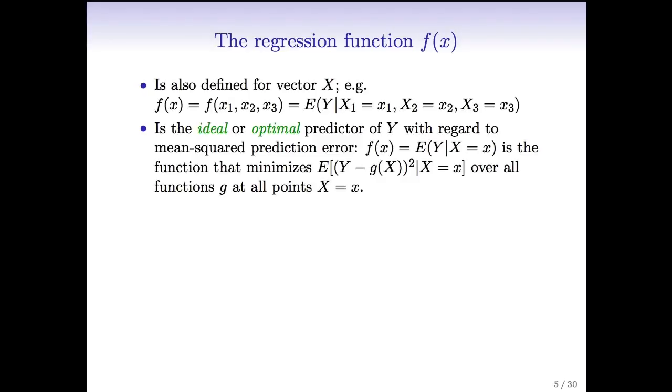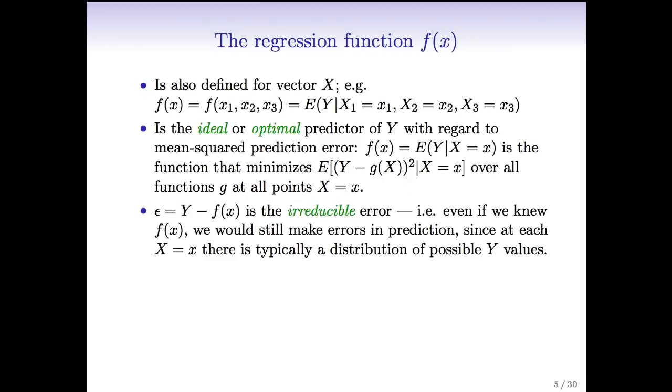And what that means is, actually, it's with regard to a loss function. That particular choice of the function f of x will minimize the sum of squared errors, which we write in this fashion, again, expected value of y minus g of x over all functions g at each point x. So it minimizes the average prediction errors.